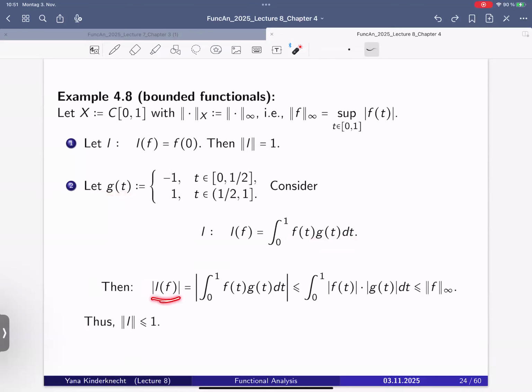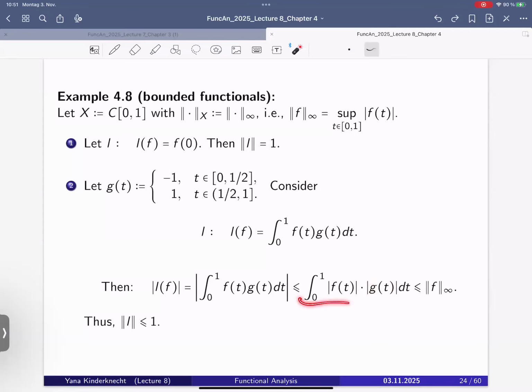Then what do we have? The absolute value of L applied to f is the absolute value of this integral, which is smaller or equal than the integral of the absolute value. Now, the absolute value of g is just 1, so we can forget about it.